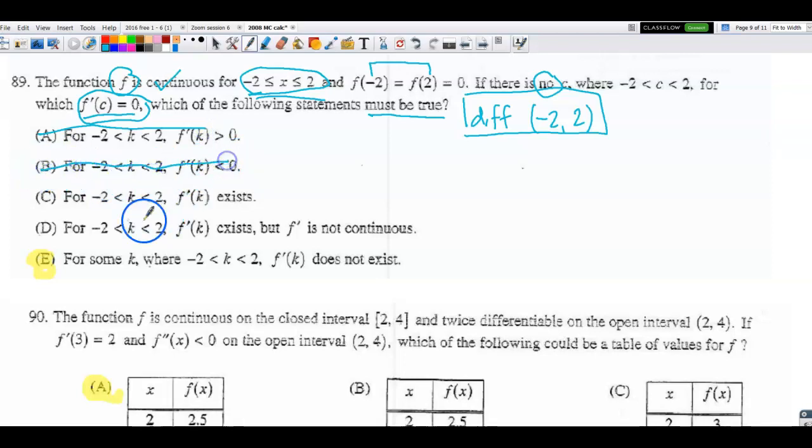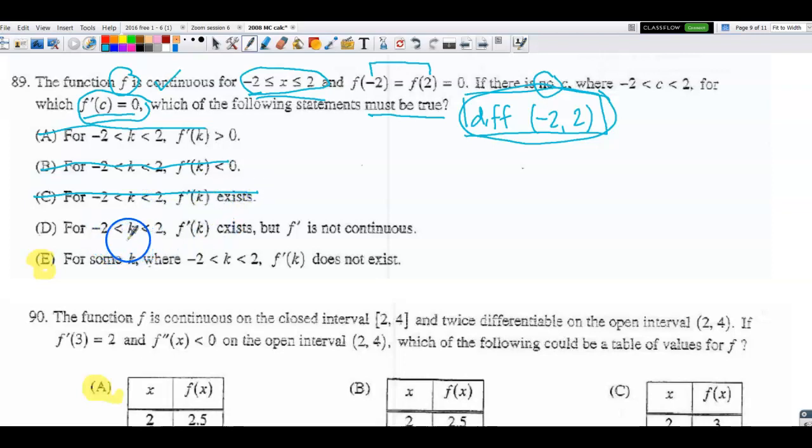I don't have a way of knowing. From negative 2 to 2, there's a value of x called k where the derivative does exist. Well, if the function has not met its differentiability criteria, then maybe the derivative doesn't exist. So I have to get rid of that.